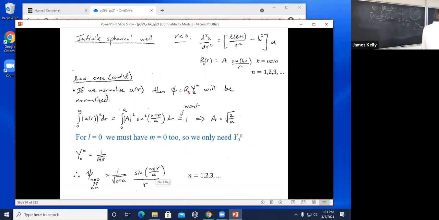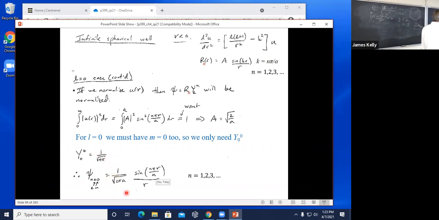And that's the solution. So here's our completely normalized function, which is a product of a 1 over root 2 over a. That's the normalization we just found right here, plus a 1 over root 4 pi that we needed out in front.